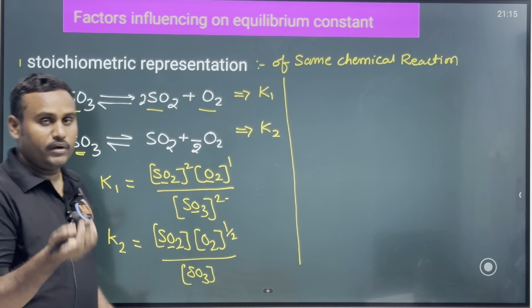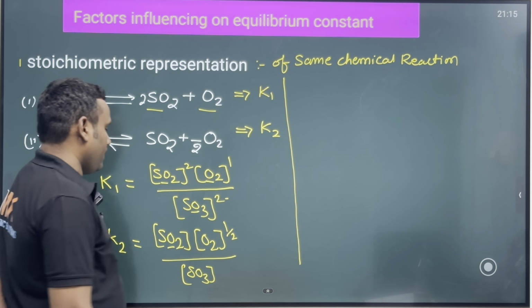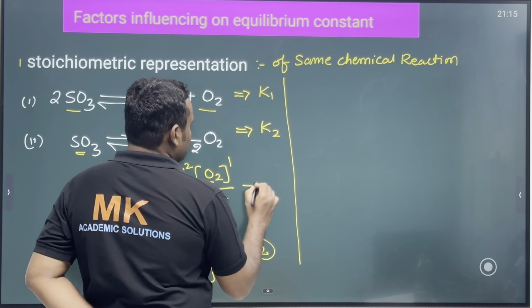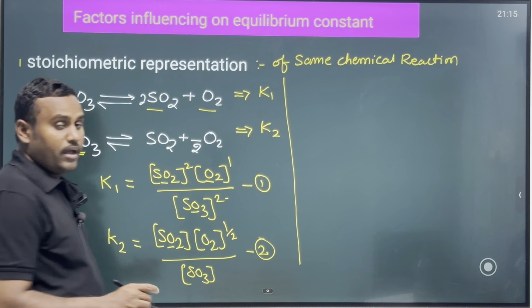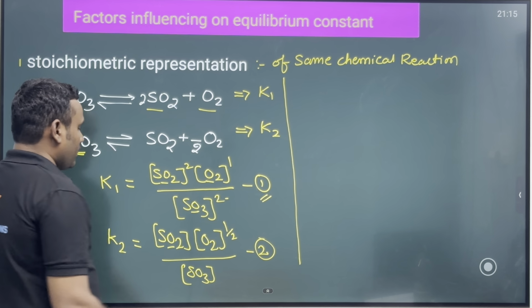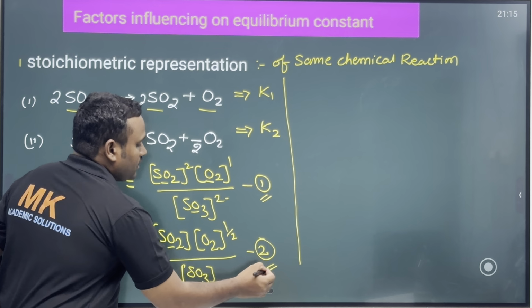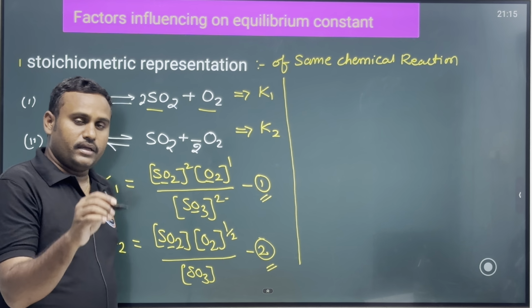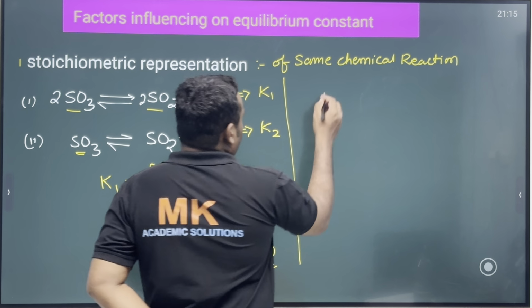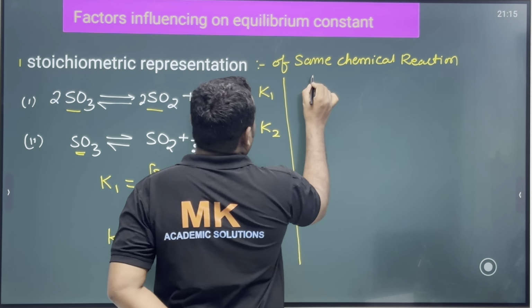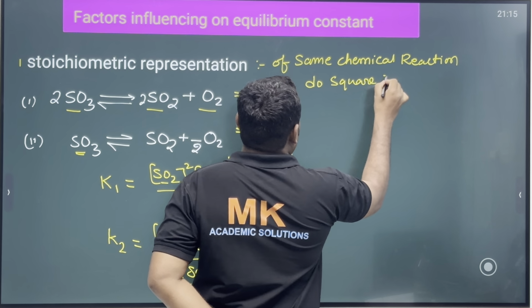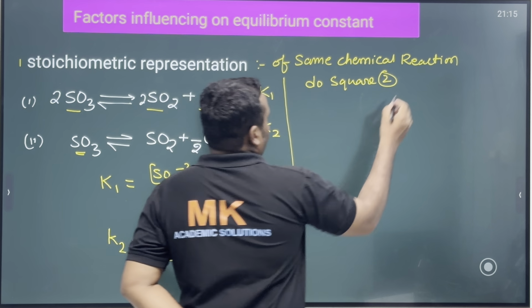What I will do is square both sides. Let us consider this is the second one and this is the first one. Square the second equation on both sides, equation number 2.